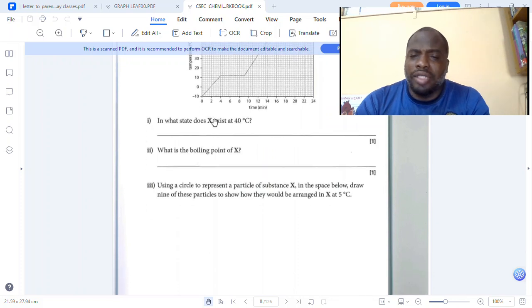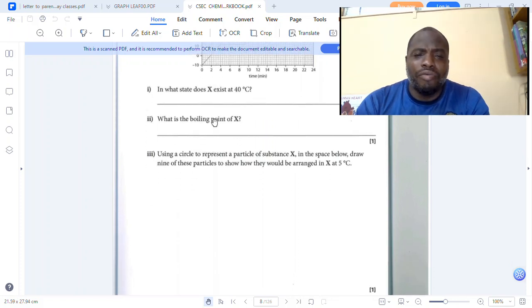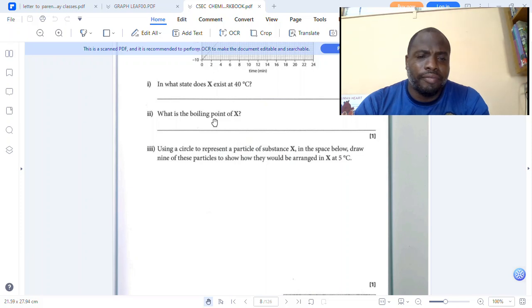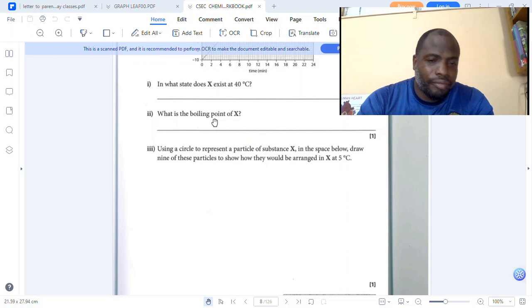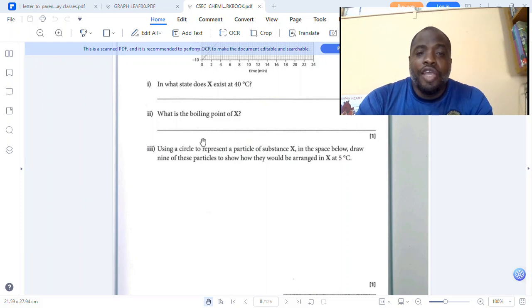Now, a lot of times students don't like to follow instructions. I'm not going to be doing it here because this is a PDF, but it says 9 particles. 9, not 10, not 11, not 15, not 2, not 5, 9. Use circles, not squares, not stars, not triangles, circles.